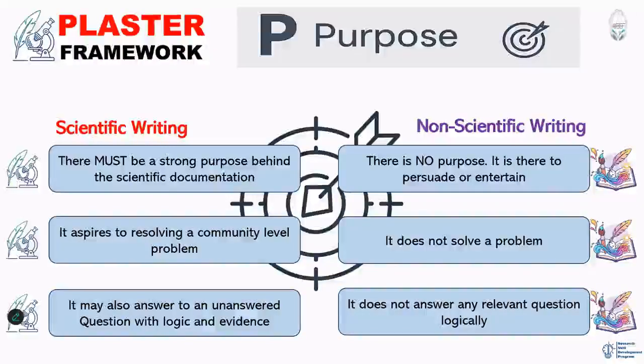Why I am making this statement is that if we do not have a purpose, if we do not solve a problem, then it's already done. There are more than 10,000 papers being processed on a daily basis in the world.